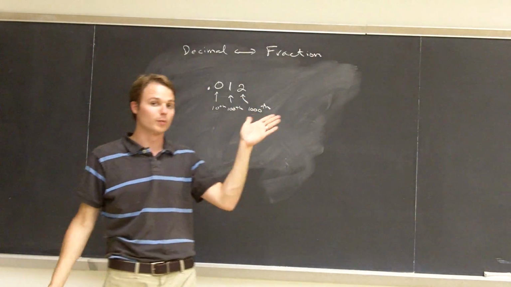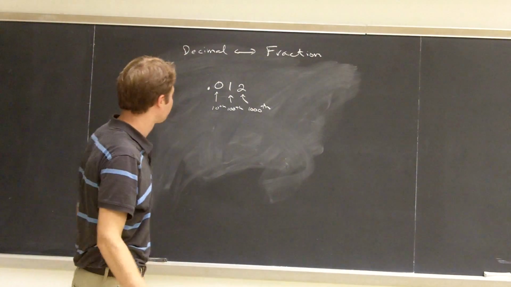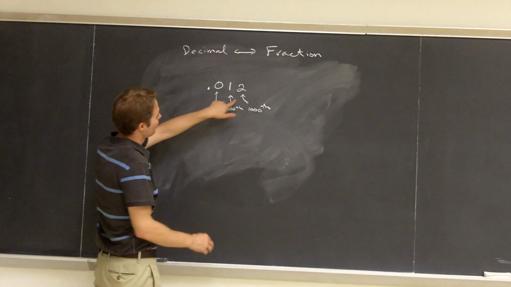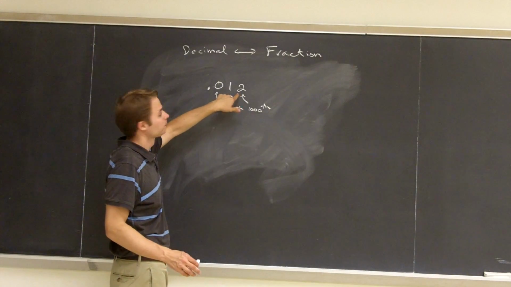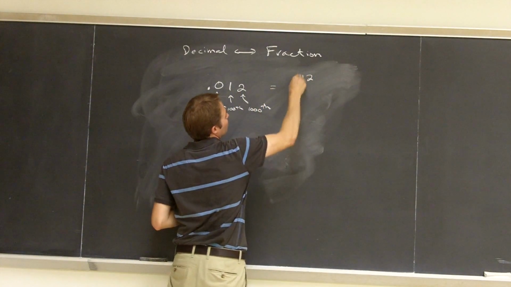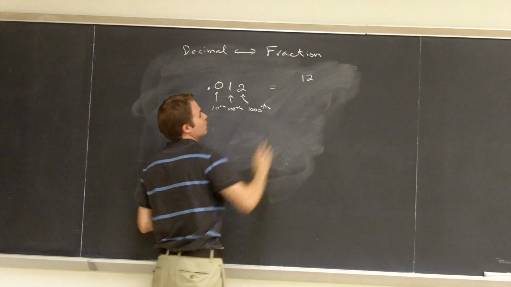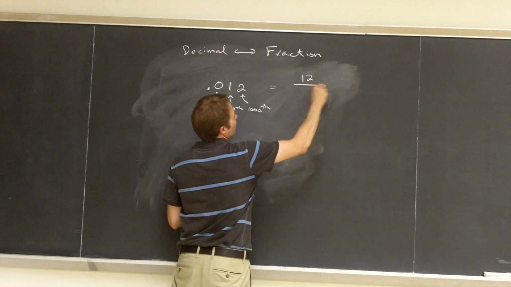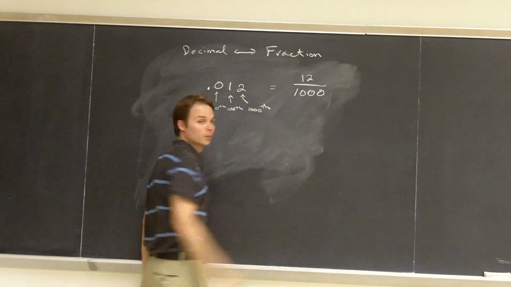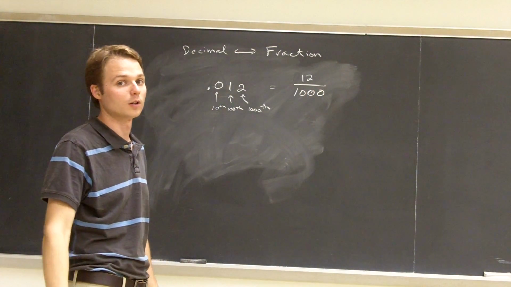If we went over one more, it would be the 10,000th place, then the 100,000th, then the millionth place. Since we go out to the 1000th place, all we have to do is take our 0, 1, 2, which in this case, we don't really need the 0, so we can just think of it as 12. And we just have to put it over 1,000. And voila, we've converted it into a fraction.